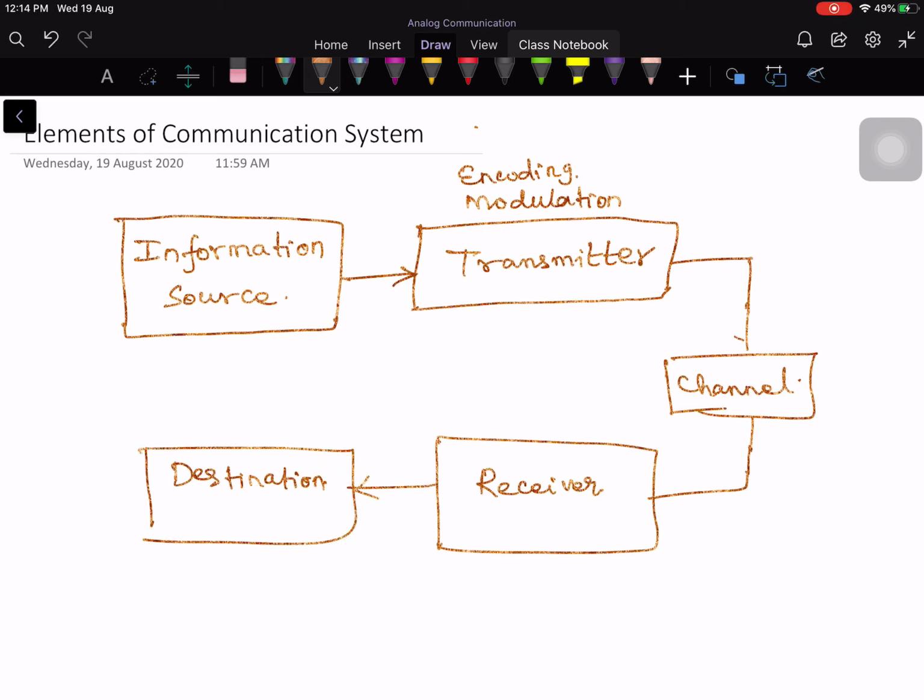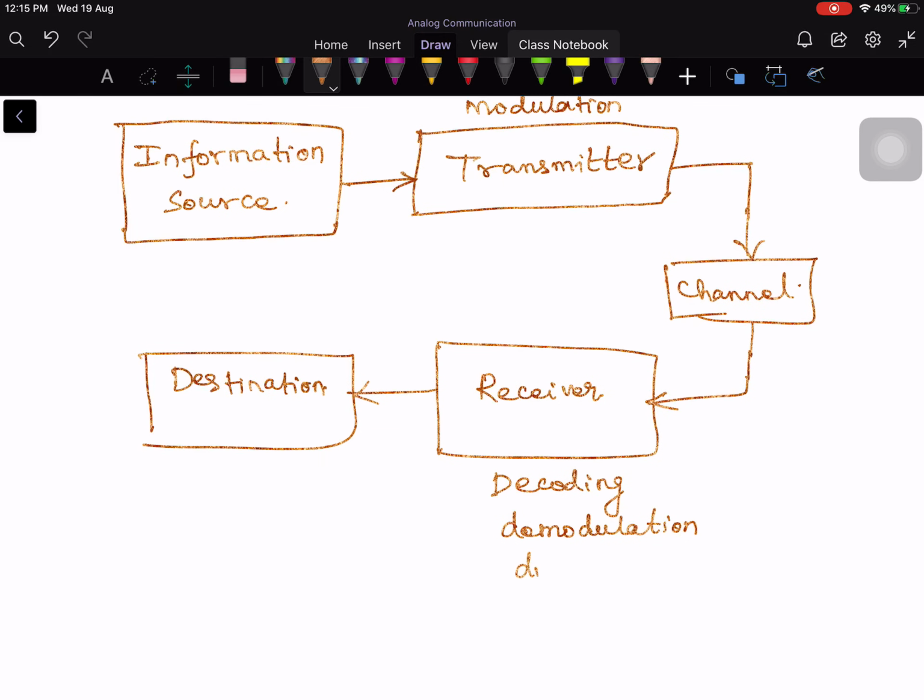So the arrow mark goes like this. Then in the receiver you do the reverse operations: you do decoding here, and since modulation is done at the transmitter, you do demodulation here. Some distortion is also added.